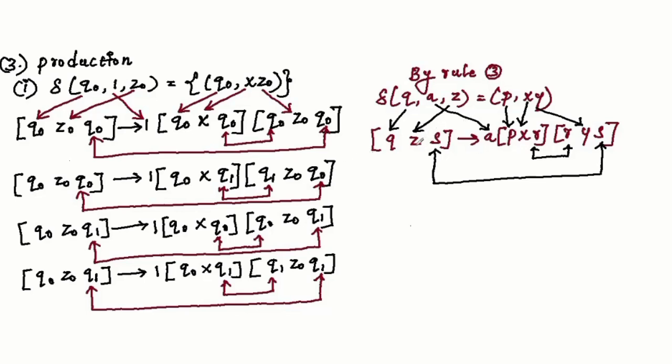But we don't know the values of S and R. How do you find out the values of S and R? In the question they are given 2 states Q0 and Q1, which gives 4 combinations of state space. That is Q0 Q0, Q0 Q1, Q1 Q0 and Q1 Q1. Then write here Q0 Q0, Q0 Q1, Q1 Q0, Q1 Q1.